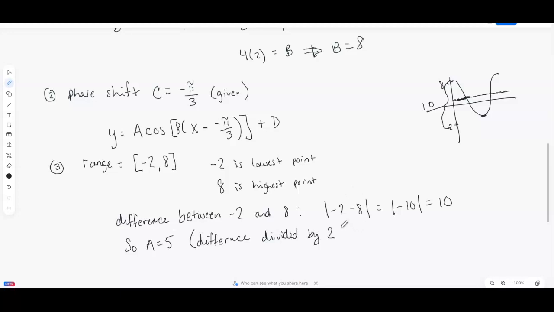And that's because the highest and lowest points are an equal distance from the middle.